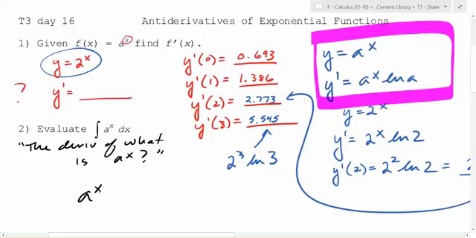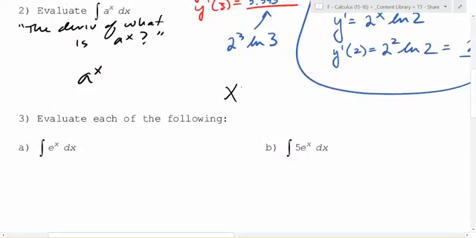But if we take the derivative of a to the x, what kicks out? What do we generate? ln a. So what do we need to put in front of this to get rid of the ln a? Okay, what did we do to find the integral of x cubed? It was x to the fourth, but what goes in front of it? 1 over 4, right? To get rid of that 4 power.